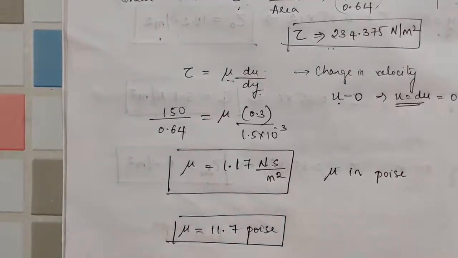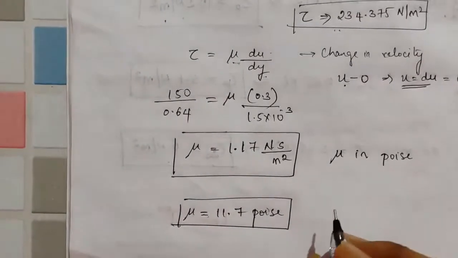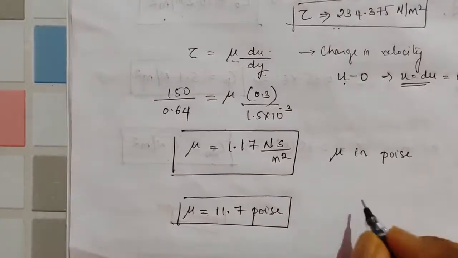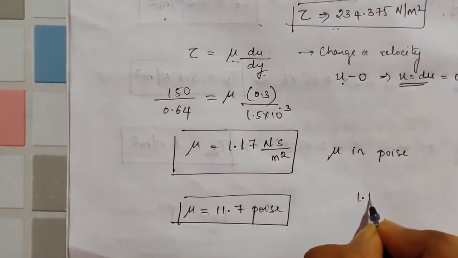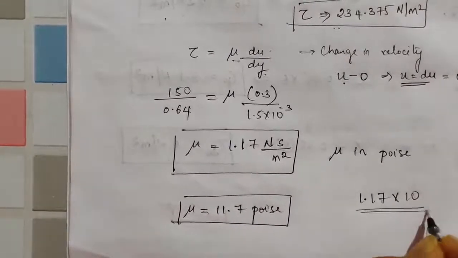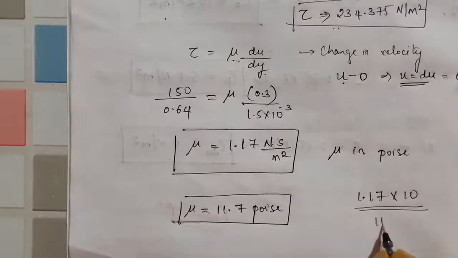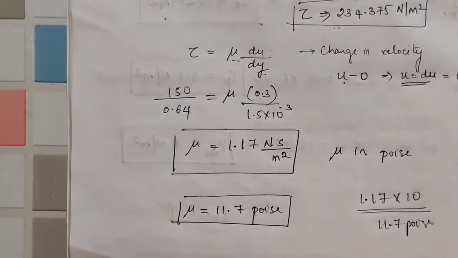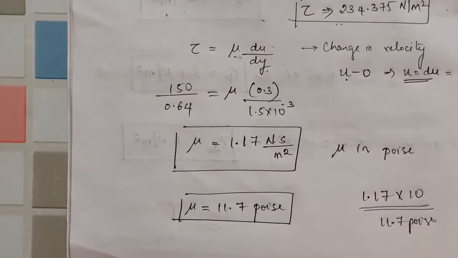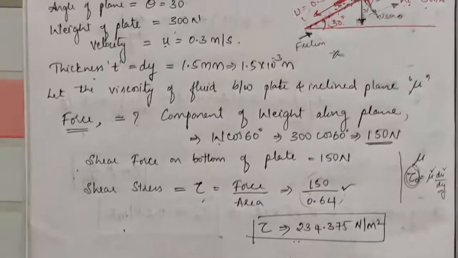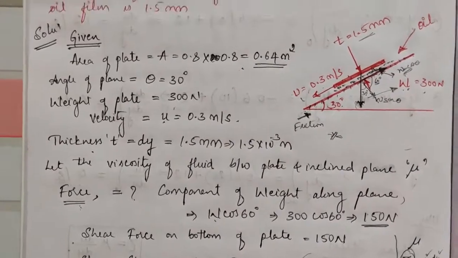Now don't ask how, because I already discussed with you. Or else see here, 1.17 into 10. If we multiply by 10, we get 11.7 poise, because 1 poise is equal to 1 by 10 Newton second per meter square. So this is the procedure how we do.